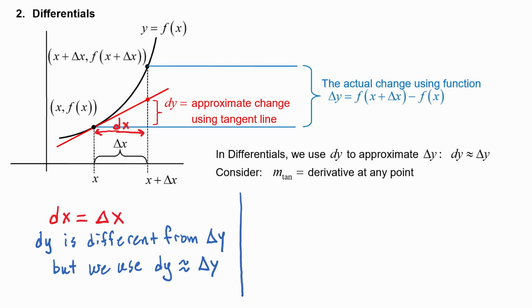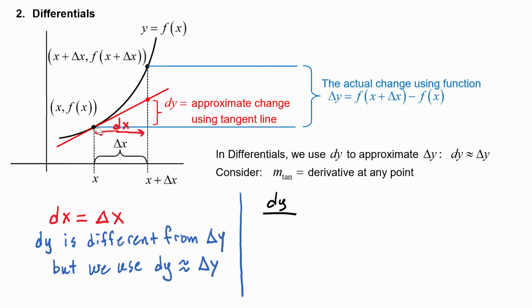Now, if we consider that the slope of the tangent is equal to the derivative at any point, well, we know the slope of this tangent line right here, this red tangent line, is going to be (y2 minus y1) over (x2 minus x1). Well, the change in the y values is dy.